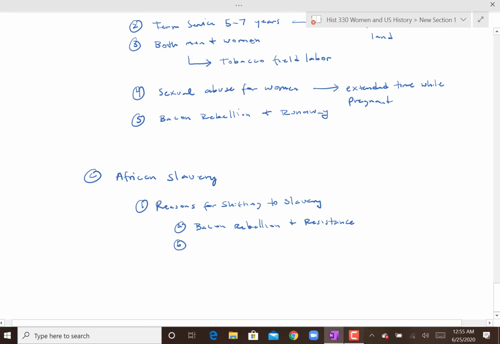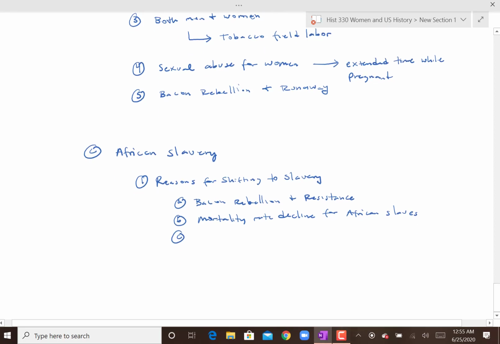The other was the mortality rate declined for African slaves. Early slaves were much more likely to die of disease. And then it became a cheaper labor source.